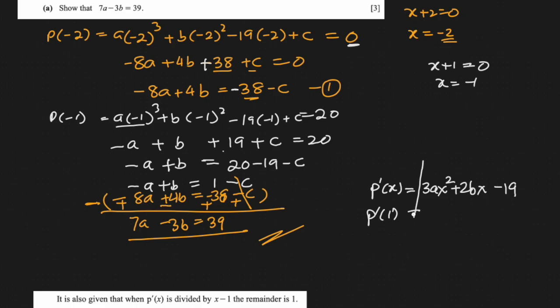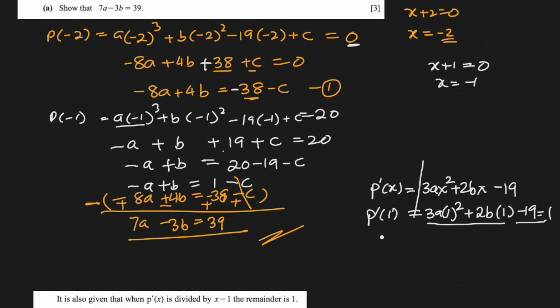So it is equal to 3a(1) squared plus 2bx. Sorry, it was 2b times 1, minus 19, equal to 1, since they said the remainder is 1. So I'll focus only on this part.